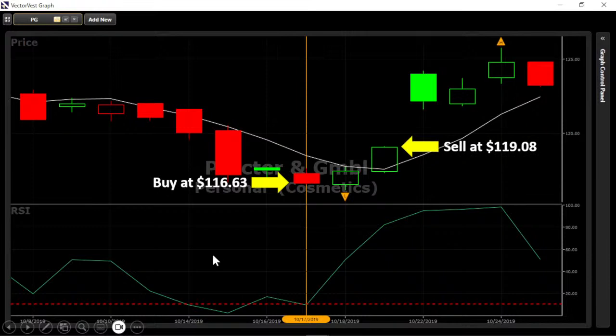So I showed you 8 setups in a row. I didn't skip over any. I just showed you, from July of 2019 to October 17th of 2019, there were 8 setups. We made money 7 times, and we lost once. Okay? That's a pretty good winning percentage, but that's a very small sample size.